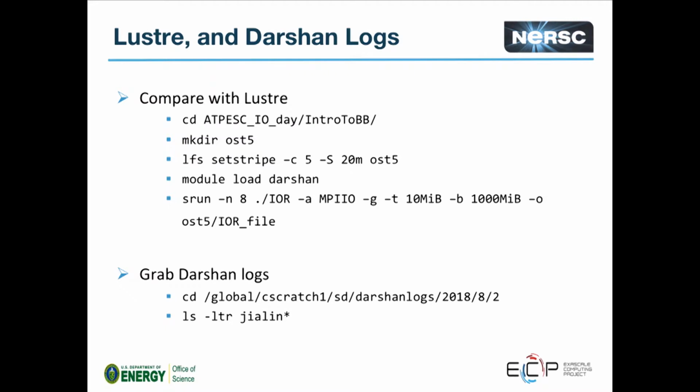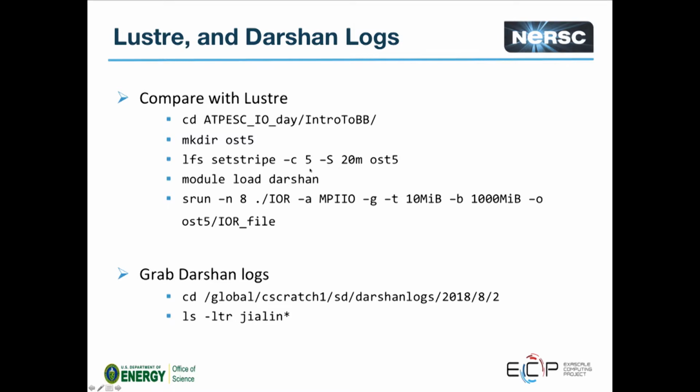You could also compare the I/O performance on burst buffer and Lustre. So I prepared these simple scripts. You can create a directory on your Lustre file system, and then, like I mentioned before, you can set the stripe count and stripe size.